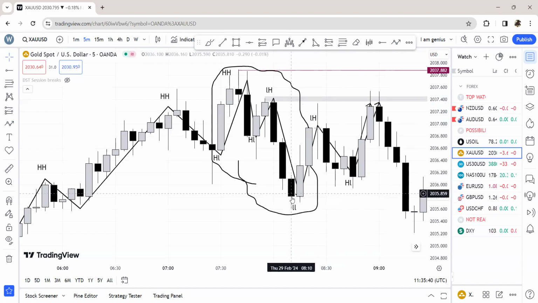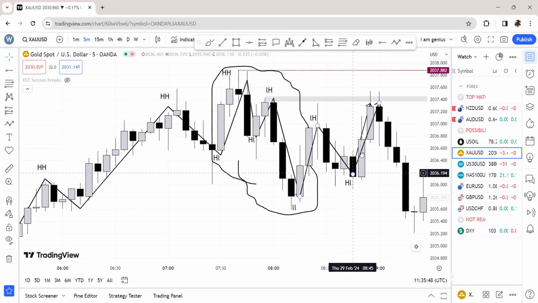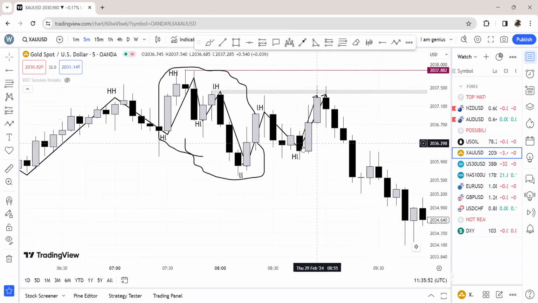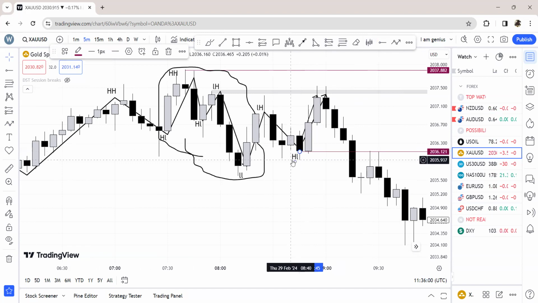You see, right? This can be thought of as a higher low, and then this is a higher high, higher low, higher high. Now what happens? We broke that level again. How do I know? Because when I look at this level here, this is a higher high.